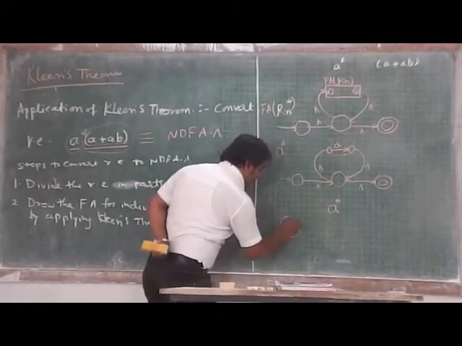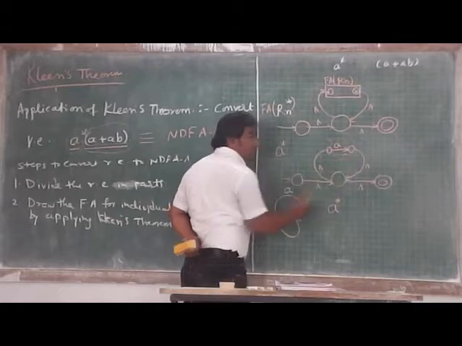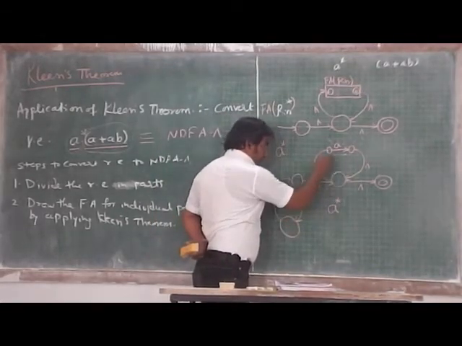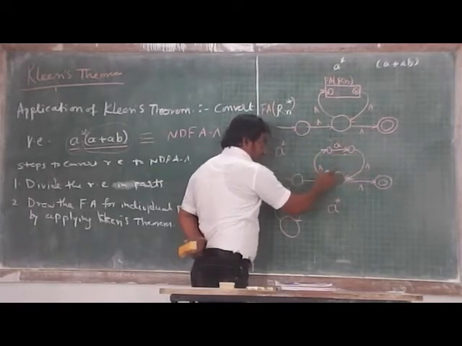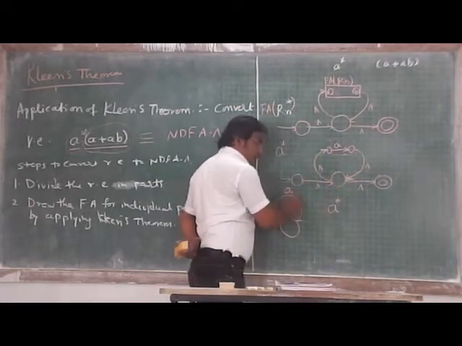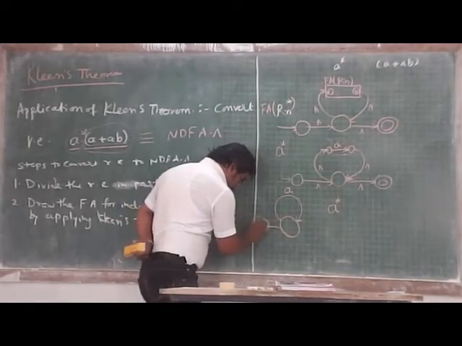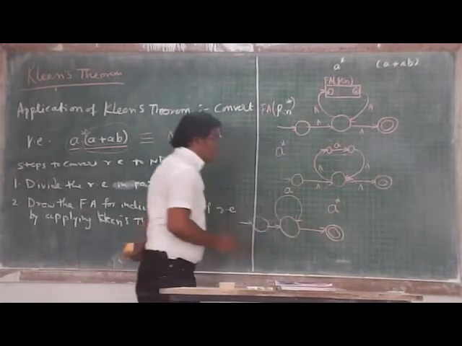So how can I get it? If I merge this and this, what happens? If I merge this, what do I get? Can I get this kind of transition? Finally, the remainder is this much.